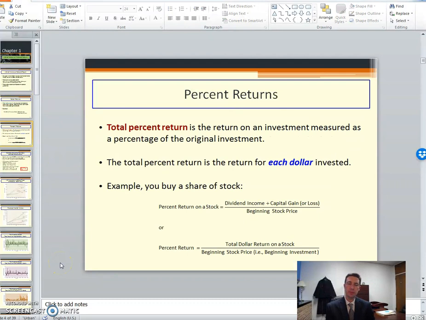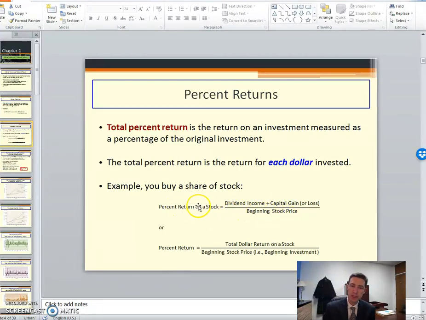The second type of return that we're looking at is the total percent return. This is the same concept, but in percentage instead of absolute dollar amounts. Again, there are two sources for this return. If you look down here, one of them is dividend income, and the other one is capital gain. But the dividend income and the capital gain are scaled by your beginning investment, or your beginning stock price.